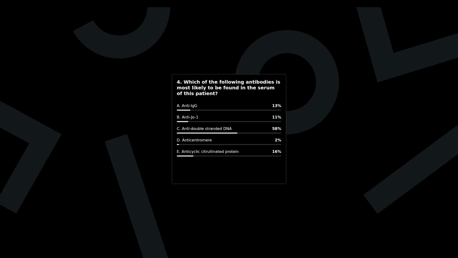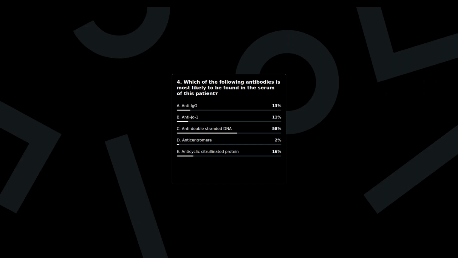So once again, a little over half of you went with answer choice C, anti-double-stranded DNA, and kind of a mix here between anti-cyclic citrullinated protein, anti-Jo1, anti-IgE.